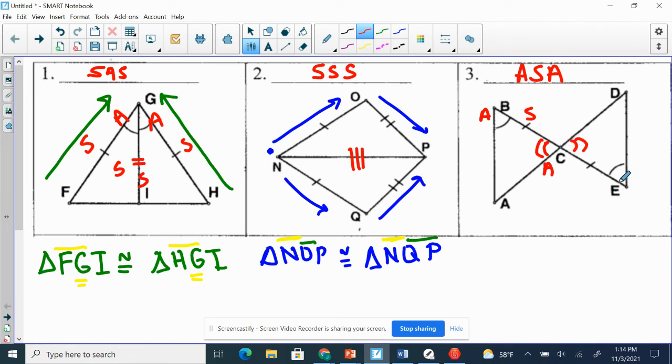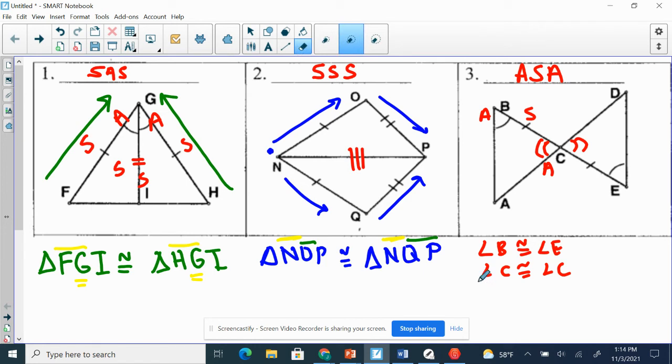And then I just kept going to angle, side, angle. We know angle B is congruent to angle E by these markings. You know angle C is congruent to angle C because they're vertical angles. Now that we know they're congruent, you could also say angle A is congruent to angle D.